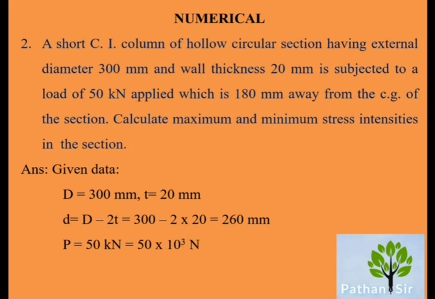Again, the load of 50 kilonewton is 180 mm away from the CG, which means eccentricity is given. So in this problem eccentricity is 180 mm. What is eccentricity? Eccentricity is the distance between the load and the axis of the member. So again in this problem we will find sigma maximum and sigma minimum.